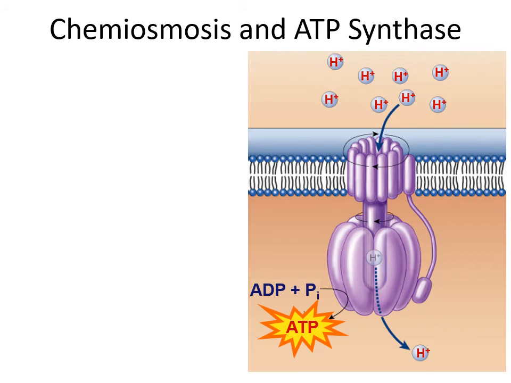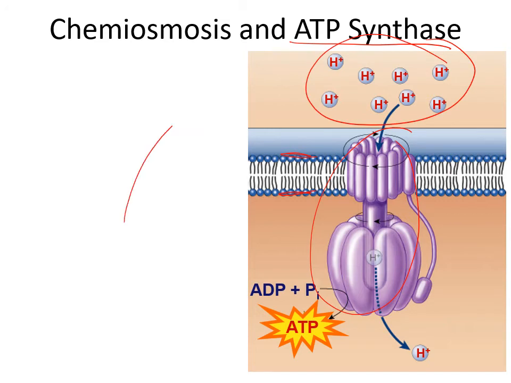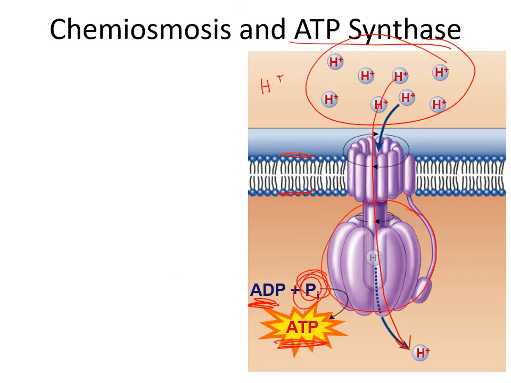Here is a more detailed version of ATP synthase. So again, think of it like a little machine that sits in the membrane here, the inner membrane, and these hydrogen ions, which remember previously they all got pumped to the intermembrane space, so now there's a high concentration of them here. They will move back down their concentration gradient, as things will always do, and as they do that, they will allow this machine here to take ADP, attach a phosphate onto it, and produce ATP.